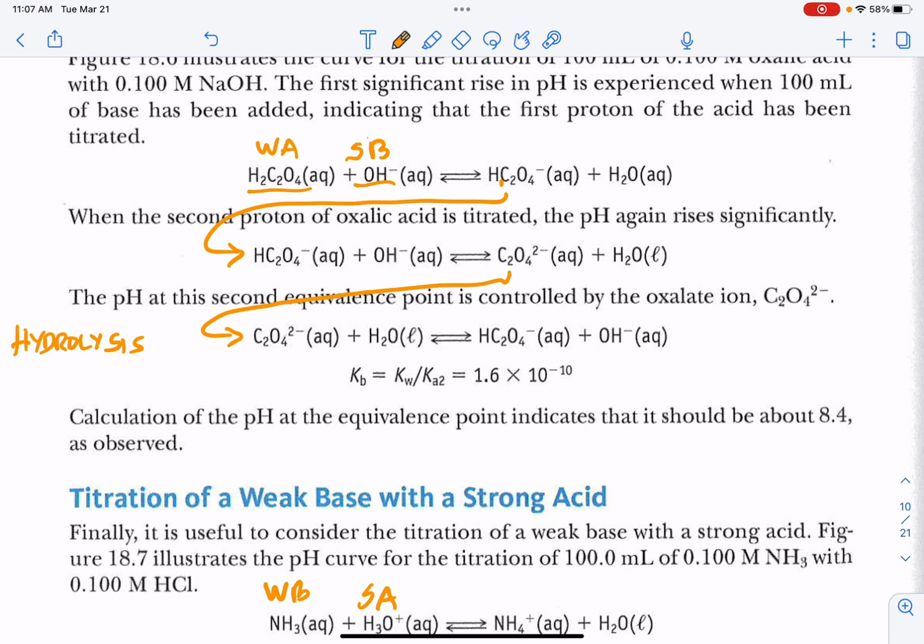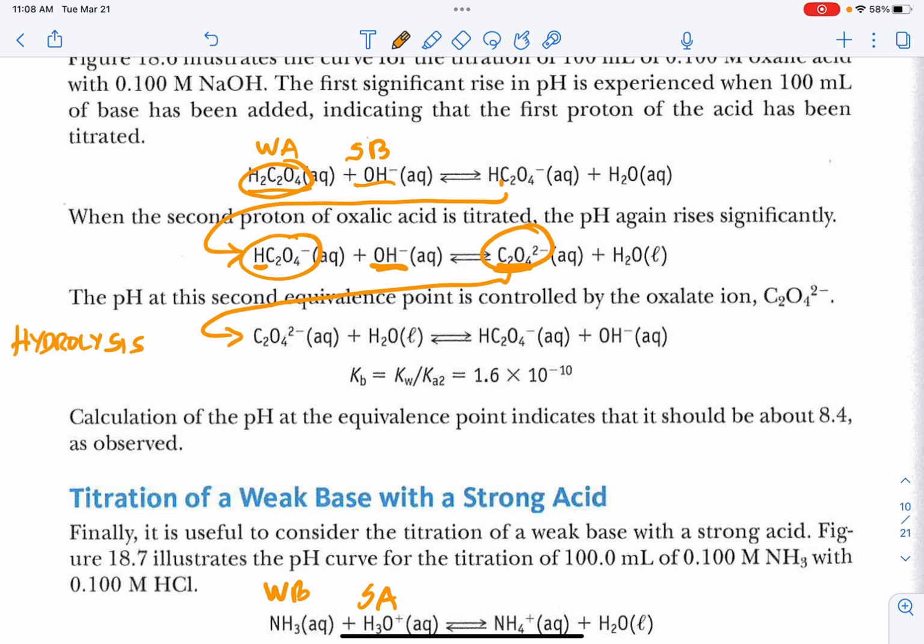But if we continue to add hydroxides, now the bioxalate begins to donate that second proton, and we're going to end up here. And once we've added enough base so that we don't have any of my original molecules or these left, and all of them are now these, then the next thing we can do is hydrolyze the oxalate anion. That's the only thing that's left that can happen.